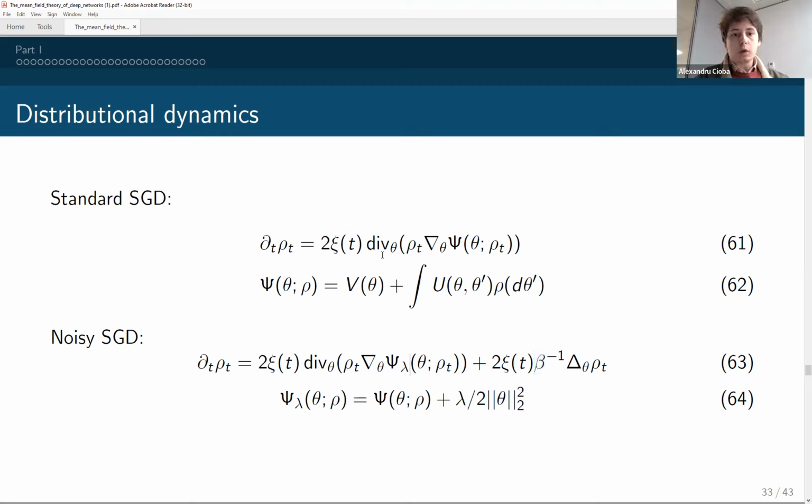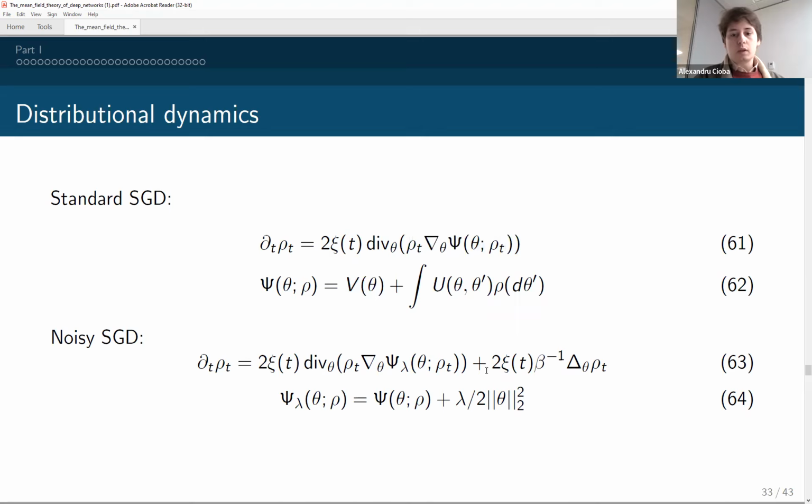So the corresponding dynamical equations that we would like to see occurring for rho t are, in the case of standard SGD, given by this, where the potential phi is constructed from V and U, which are the first and second order elements of the risk.